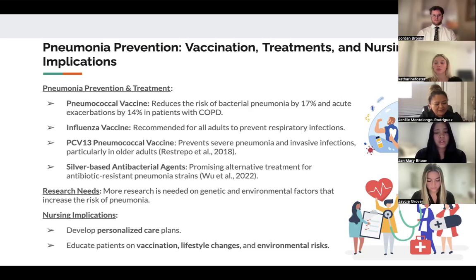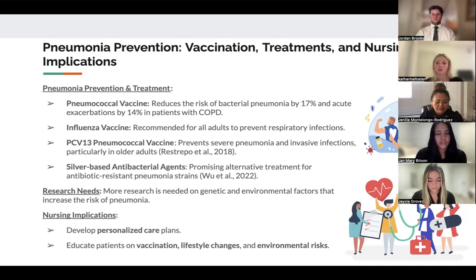There's also a lot of new promising research that I found in regards to a silver-based antibacterial treatment, which was shown to be 100% effective against drug-resistant bacteria. This breakthrough offers hope for patients with respiratory infections that don't respond to antibiotics. It can also offer an alternative treatment for patients who may have reservations about Western medicine.